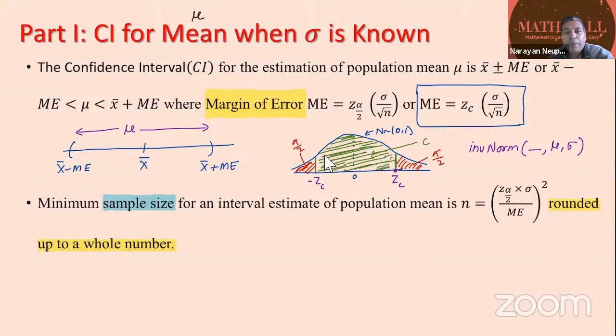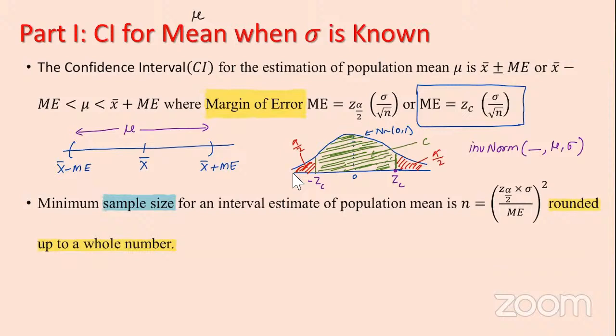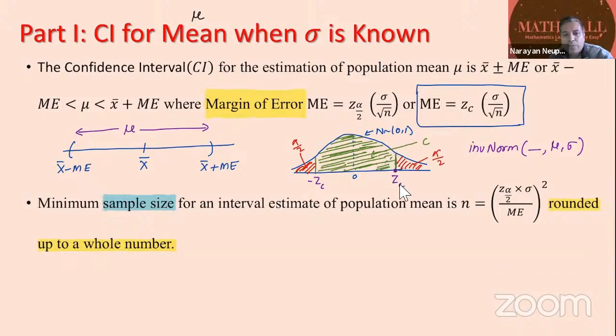For example, if the middle area is 90%, the remaining area is 10%. That 10% will be divided into two parts, right? So the values on the tail will be alpha divided by 2. Make sense? And the value that corresponds to that on the x-axis, that is the Z critical.